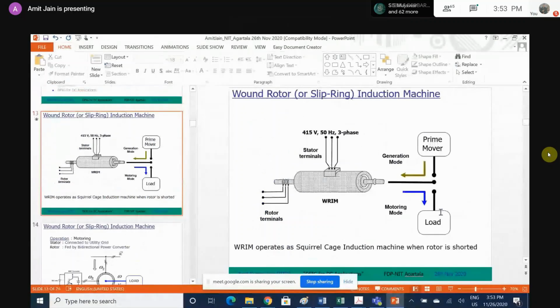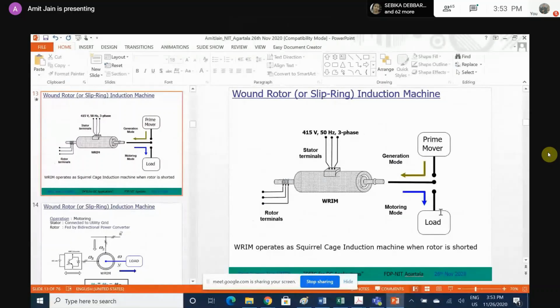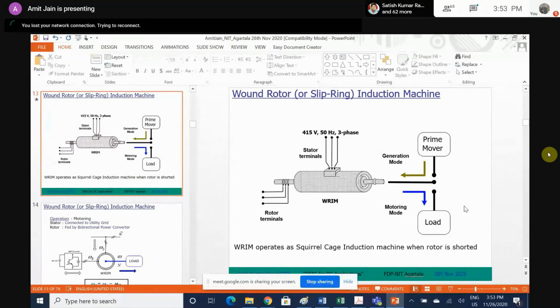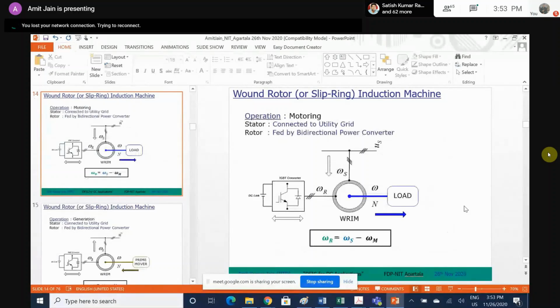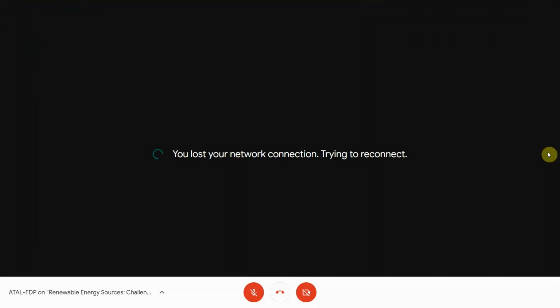So what is a slip ring induction machine? I just want to tell all of you, you may be knowing, you have stator windings and rotor windings, right? So we all know that. We are talking about a generator now. What is a generator?